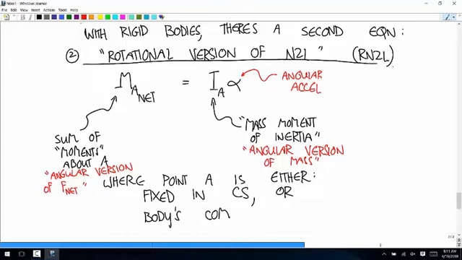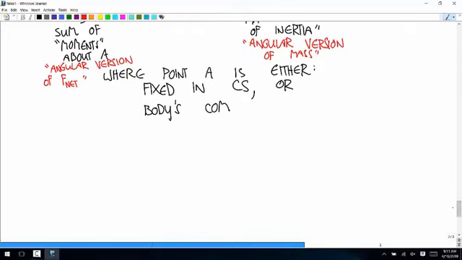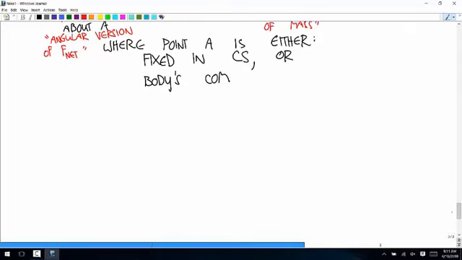Okay, so I'm going to write out a table here. This is just going to compare all the analogous things between translational motion and angular, or rotational, motion.